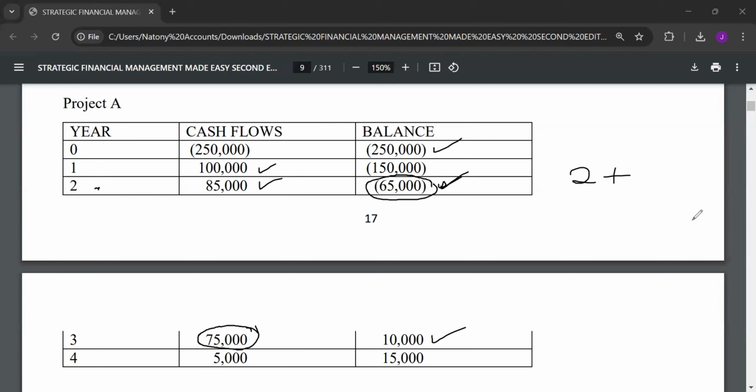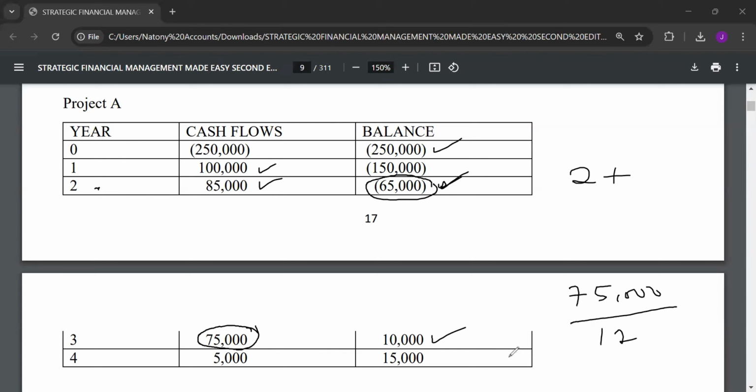That means you have received above 65. So at which point did you now get to 0? So you now say, okay, you receive 75. Before I use the normal formula, let me just do something here. You receive 75,000 in year 3. Okay. So how much did you receive each month? So 75 divided by 12. Let me see what that will give us.